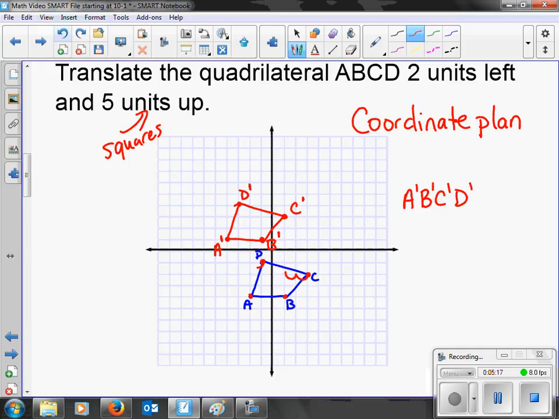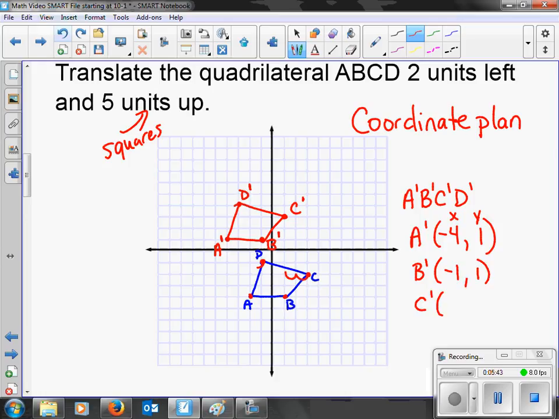Let's see what coordinates they are. So A prime is now at coordinate, let's see, negative 1, 2, 3, 4, negative 4 because it's to the left, comma, and it's up 1, so positive 1. Remember, your x coordinate goes first and then your y coordinate, okay? And then B prime is at negative 1, comma 1.